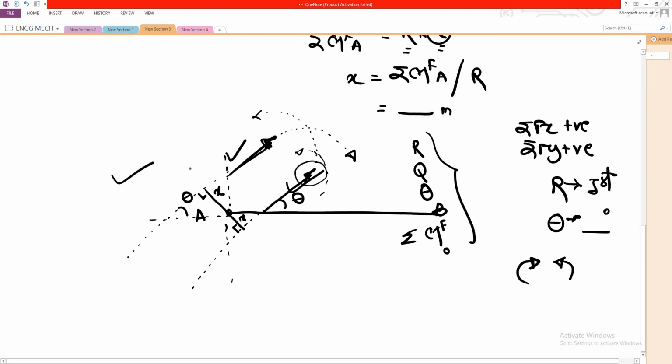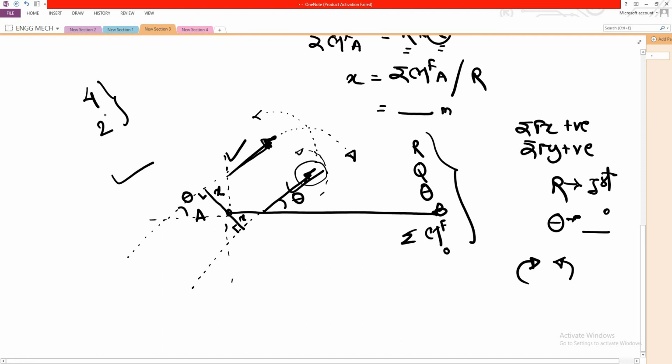There are 4 quadrants, which means there are 4 possibilities for the position of the resultant, and there are 2 ways in which the system will rotate because of the moment generated by the resultant. That is 4 cases of the resultant's position and 2 ways in which the system can rotate.